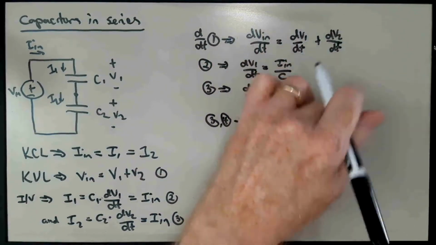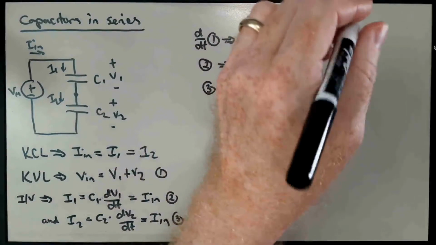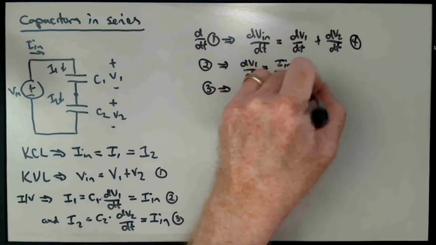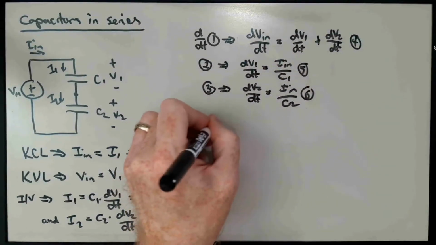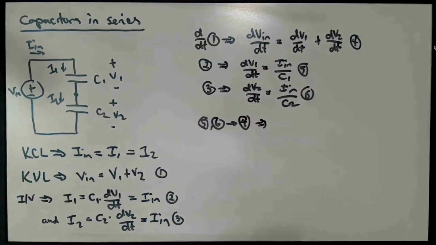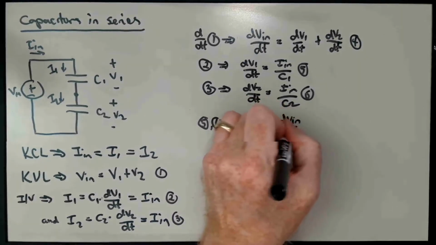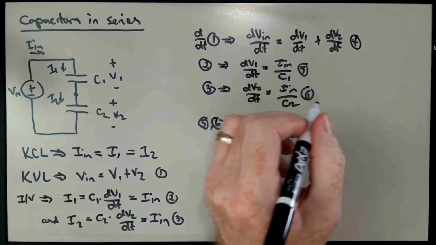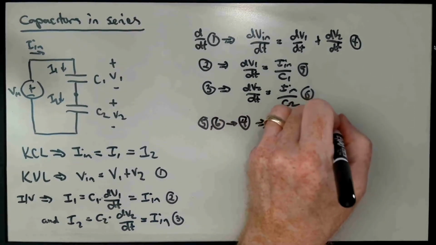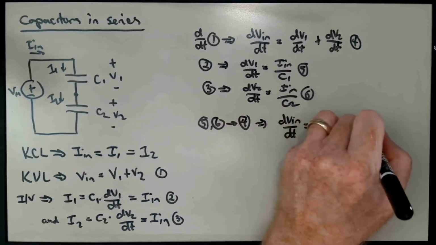Let's call this, I guess we're up to 4, so this is 4, 5, and 6. So 5 and 6 substituted into 4 tells us that dVn/dt is equal to In over C1 plus In over C2.